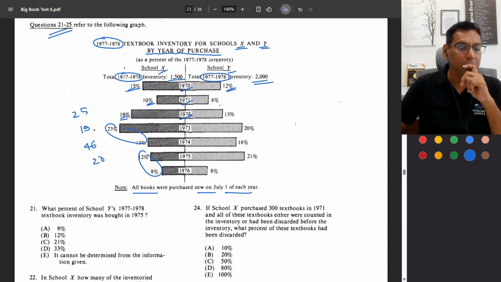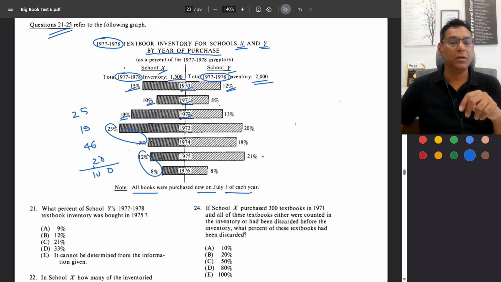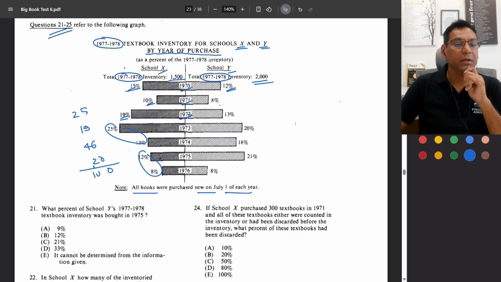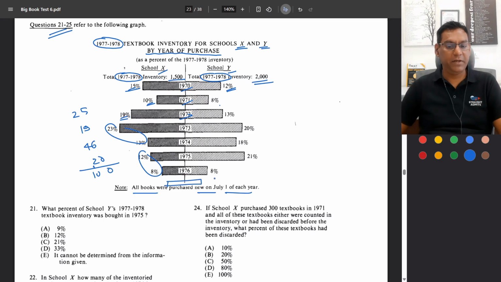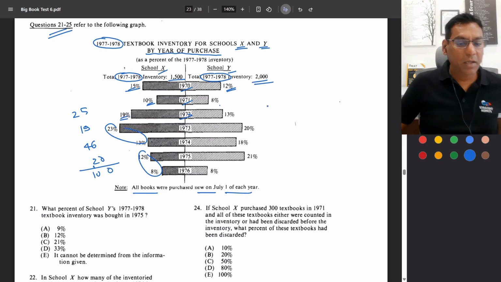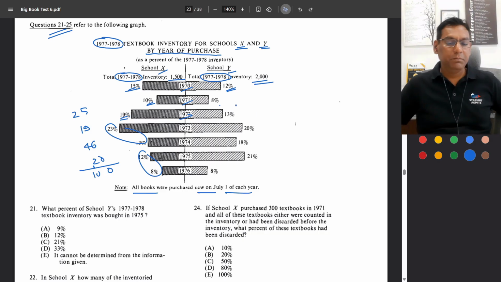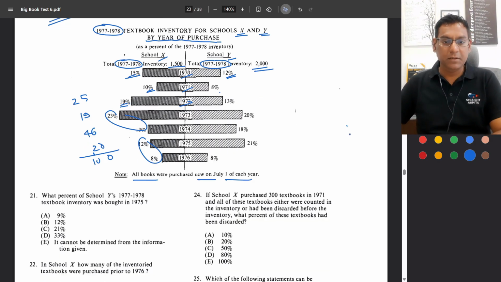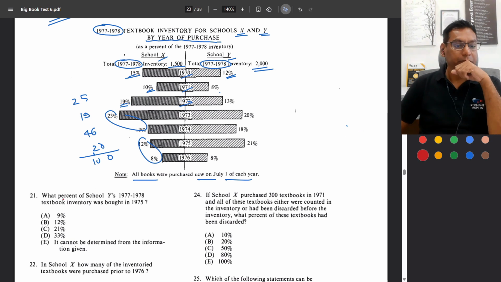Does that all add up to 100? Yes, it does. So this adds up to 100. That means there was no purchase in 77-78. There is no graph here for 1977-78. That's what it means. It's a very different type of graph. Interesting. Let's see what questions we have.